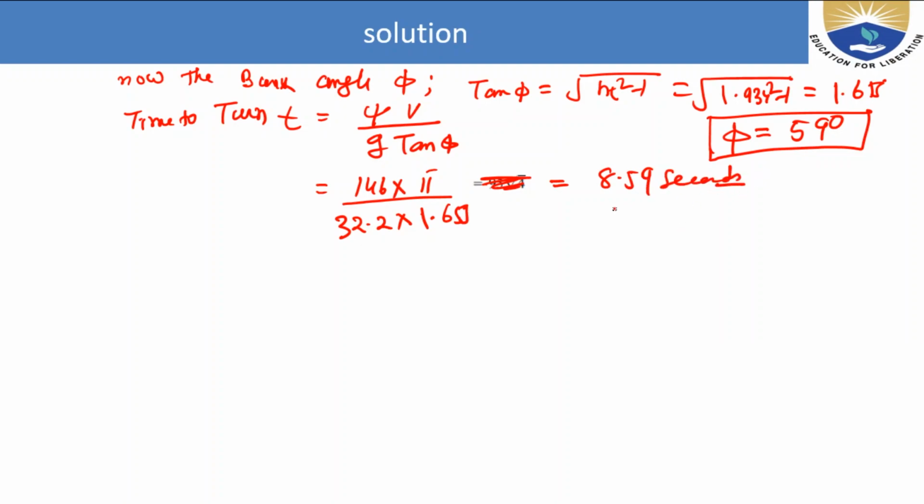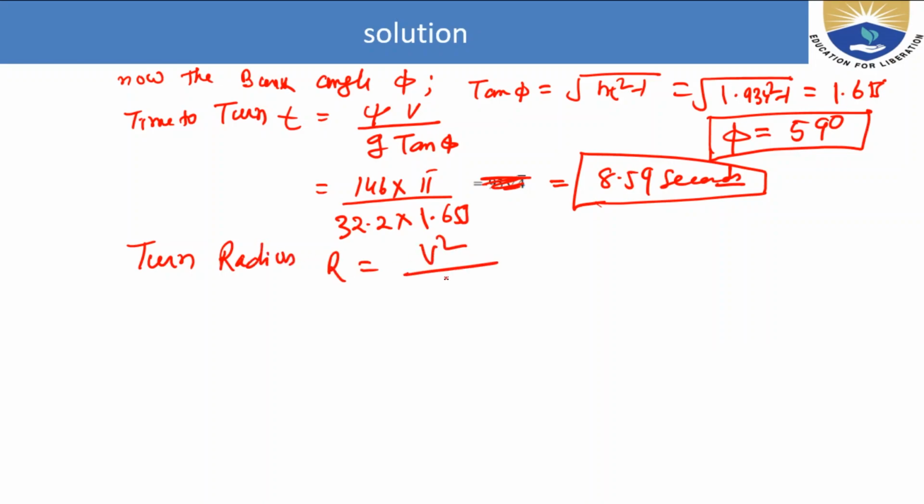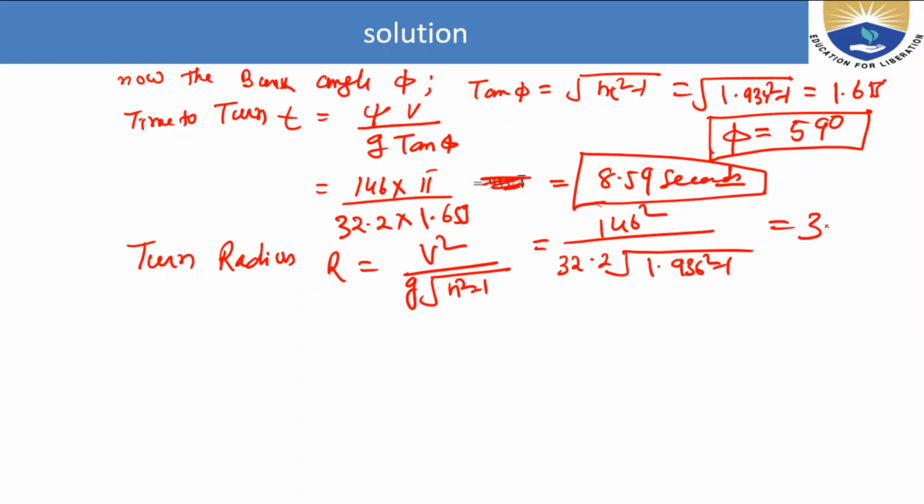So this is the time. Now turn radius r is equal to V square divided by g under root n square minus 1. V is equal to 146 square, g is 32.2 under root 1.936 square minus 1, 399 feet. This is the radius.